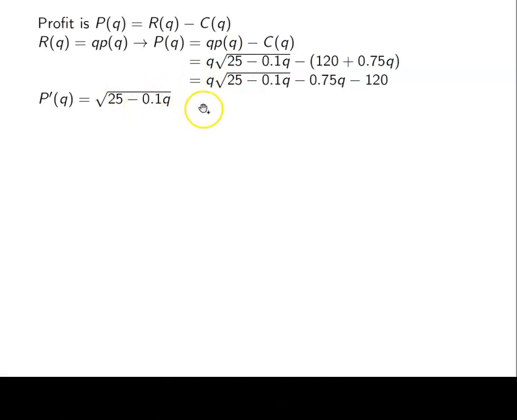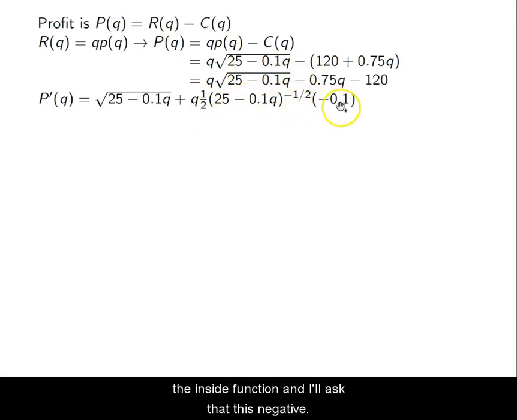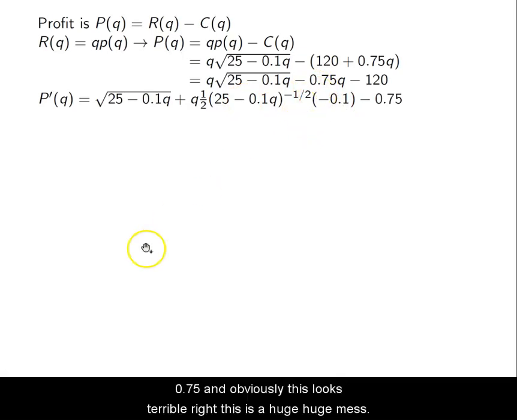I add to that Q times the derivative of the square root of 25 minus 0.1 Q. Here we have the chain rule: I have this negative 1/2, decrease the power by 1, take the derivative of the inside function, and add to that this negative 0.75.